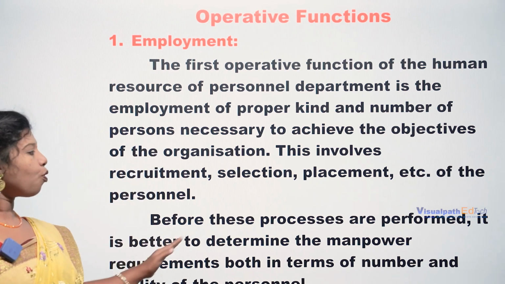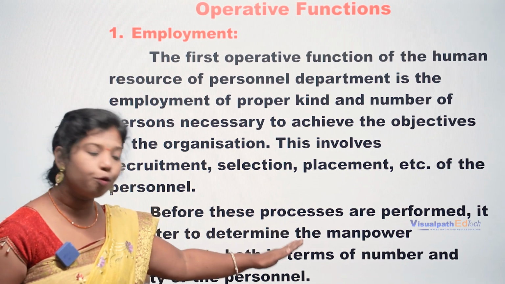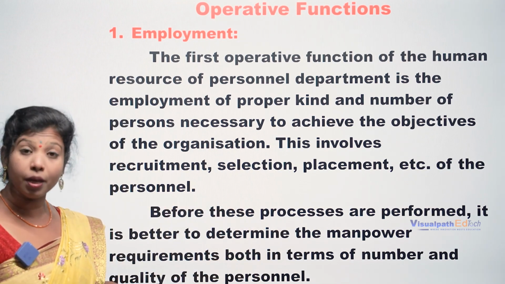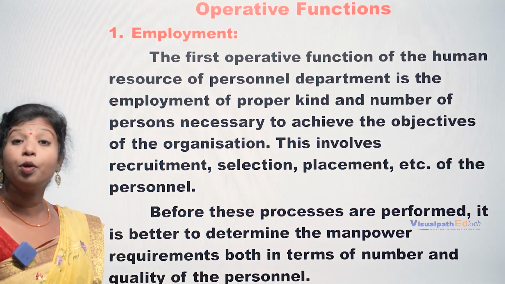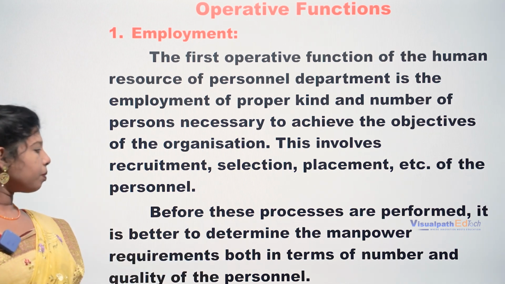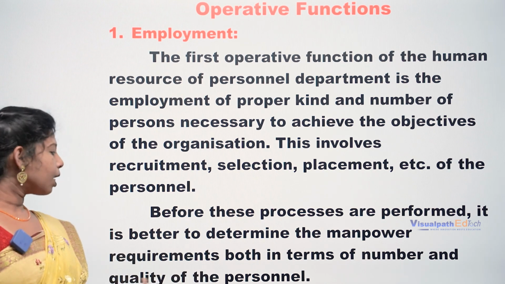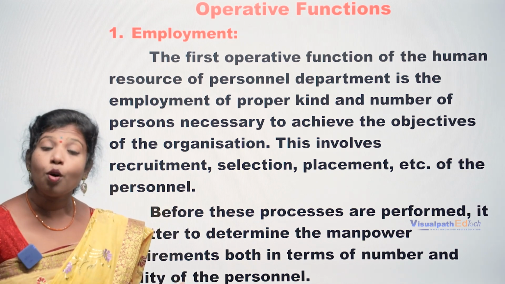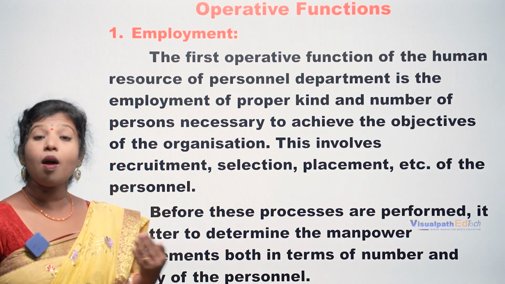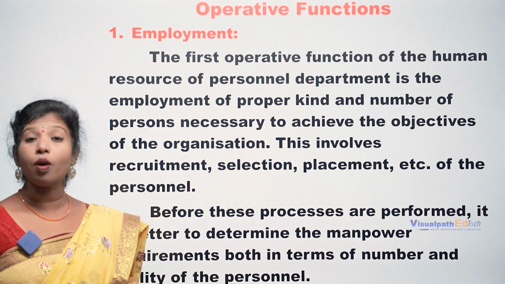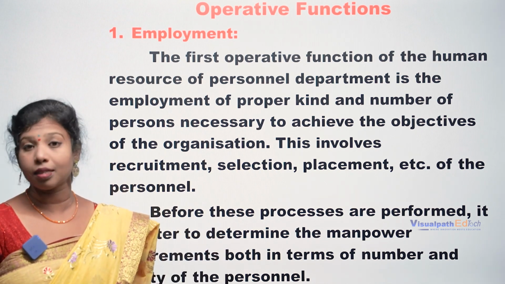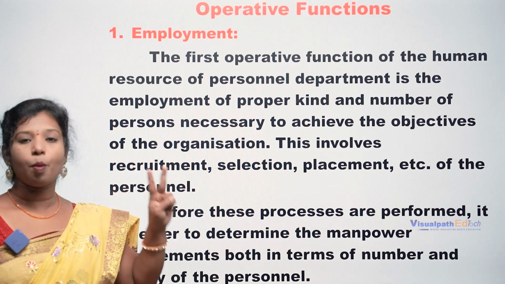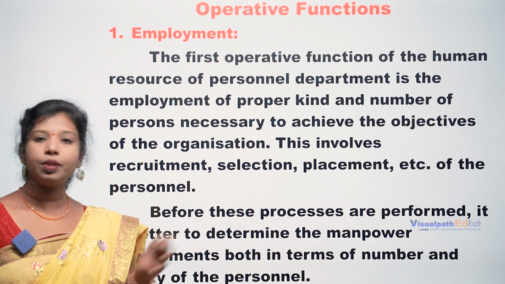Before these processes are performed, it is better to determine the manpower requirements through HRP, human resource planning, both in terms of number and quality of persons. We just discussed how many employees you want and what kind of employee you want to perform that particular task. This is very important. That is employment: a number and a proper kind, to achieve the objective.